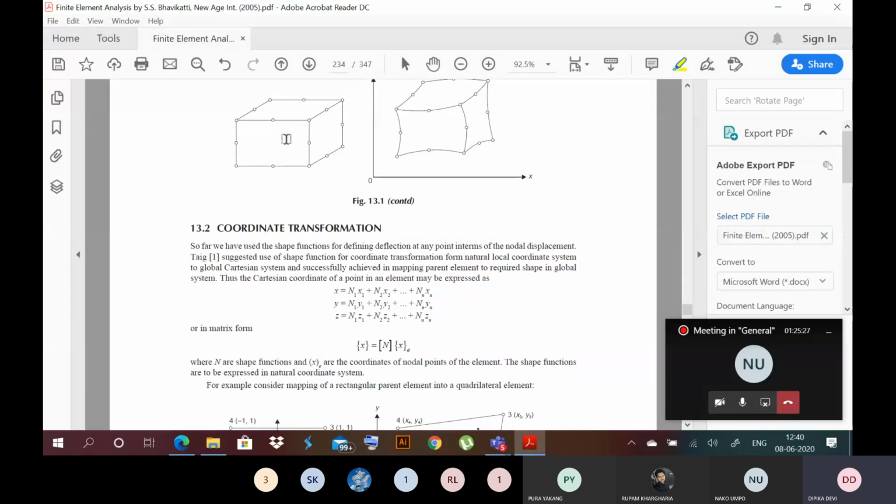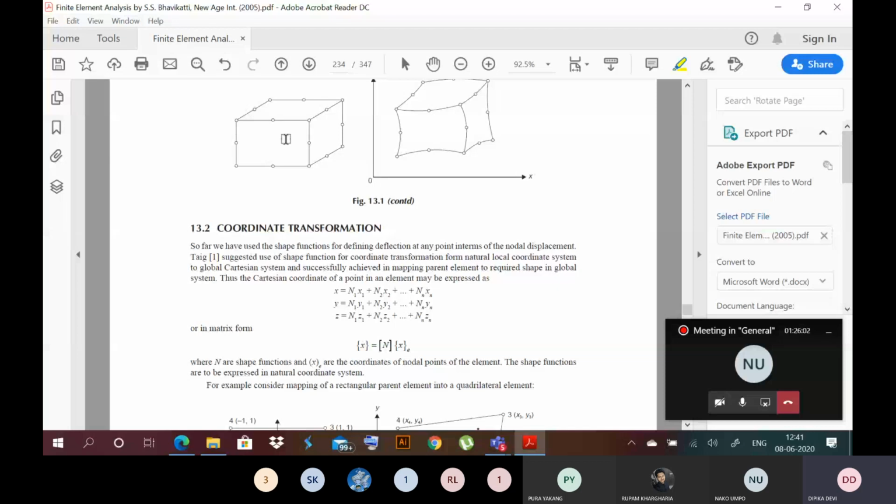The same concept can be used to find the coordinates of any point within an element using the same shape functions which are used for displacement. If we use the same shape functions used for displacement to find the coordinate of any point within an element in terms of the nodal coordinates, that concept is called parametric concept.